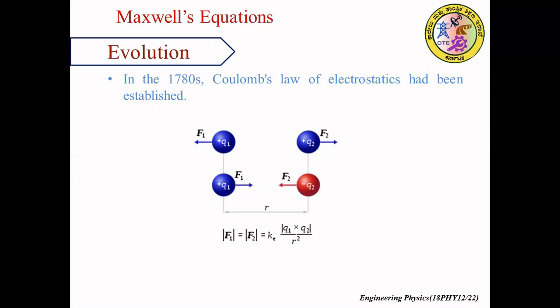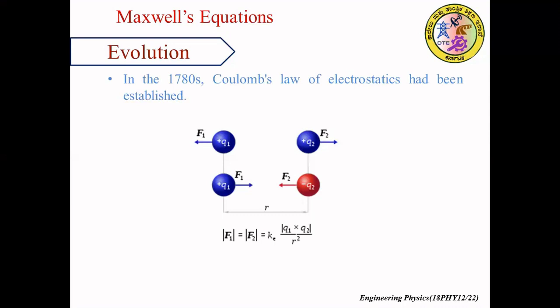Suppose there are two positive charges or two negative charges, that is a pair of like charges, they will repel each other, and a pair of unlike charges will attract each other. In our representation, we have Q1 and Q2, and Q1 and minus Q2.